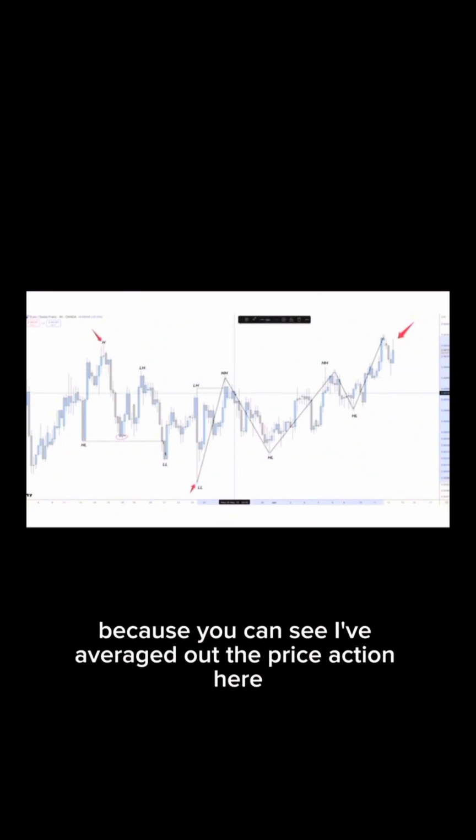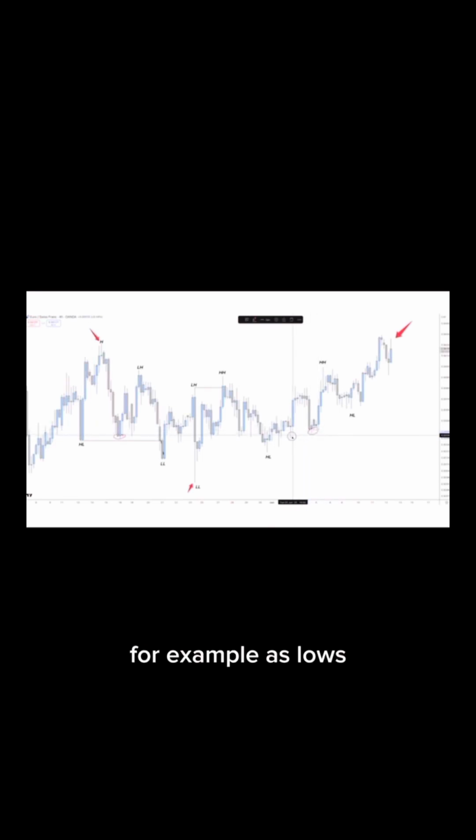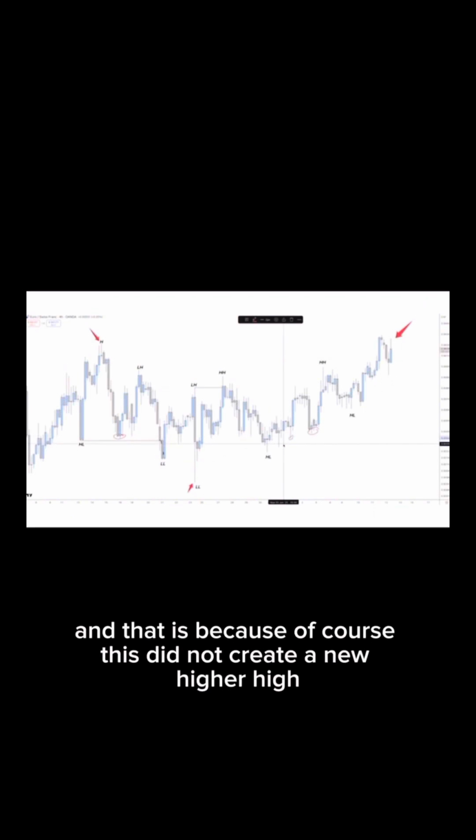because you can see I have averaged out the price action here, is why aren't we accounting for this area, for example, as lows? That is because, of course, this did not create a new higher high.